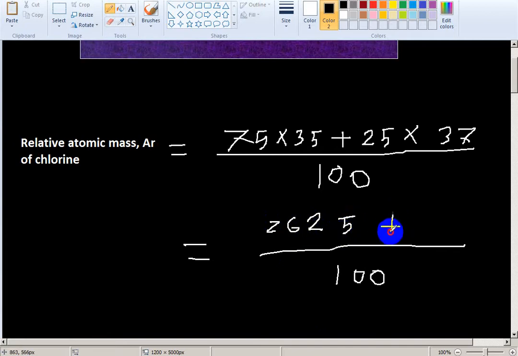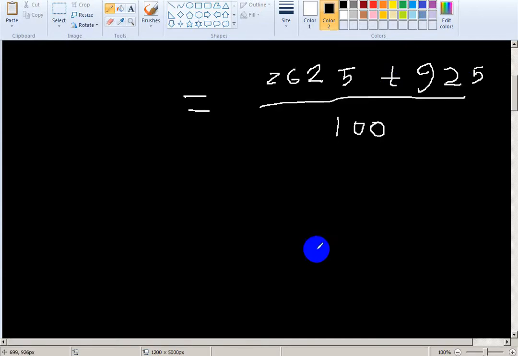Then plus 25 into 37. This is 925. Total is 35.5.